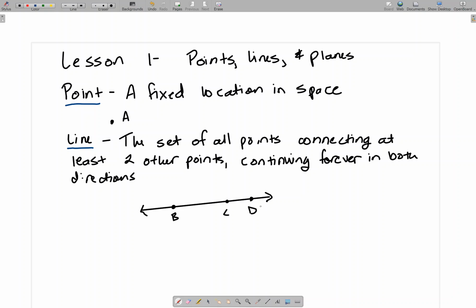Now, lines can be labeled a few different ways. You need to have at least 2 points to make a line. So if you're labeling them by their points, you need at least 2 of them. For example, this could be line BC, or it could be line CD, or it could be line BD. All of those would be appropriate.